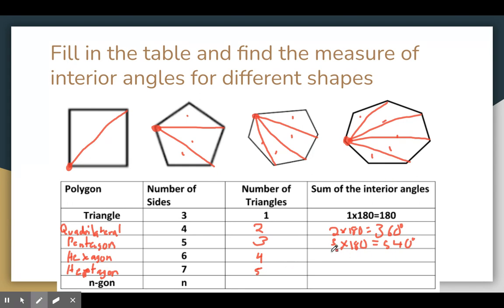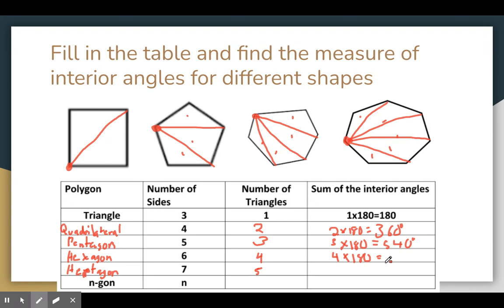So then we can see that the sum of the interior angles here, we just keep going. Sorry, that should be 4 times 180. Here, let me erase that because that looks really bad. 4 times 180. And again, I'm going to use my calculator here.